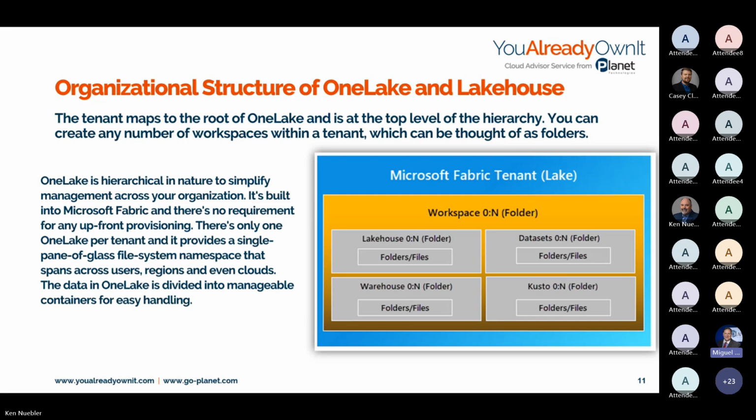The workspace is not limited to one single experience. I'm trying to make sure you understand this hierarchy, and we'll get into it when we get to deployment models of Fabric within organizations as well. Go ahead and next slide then.